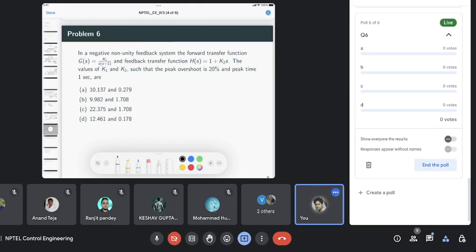Any doubt you can ask regarding the question also, if something is not clear. Okay, so please try, then we'll discuss.